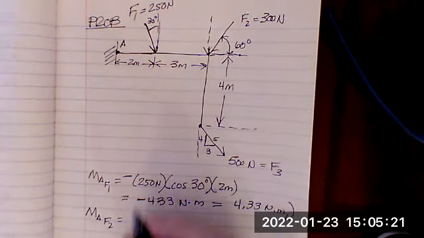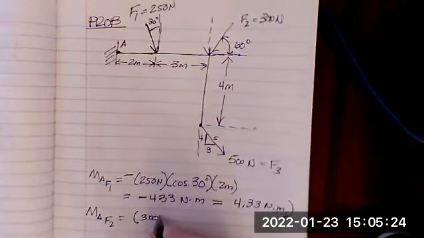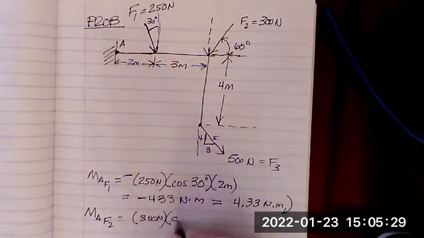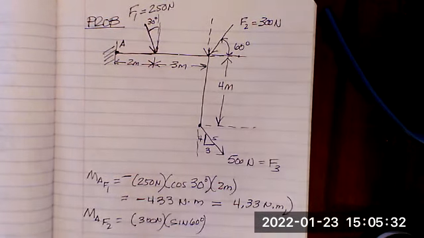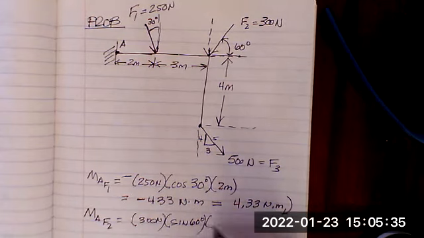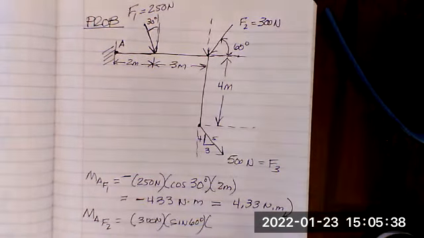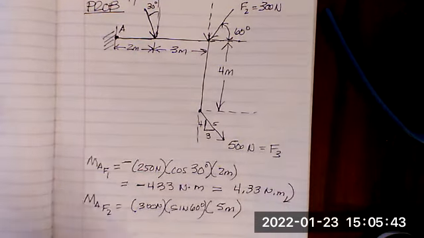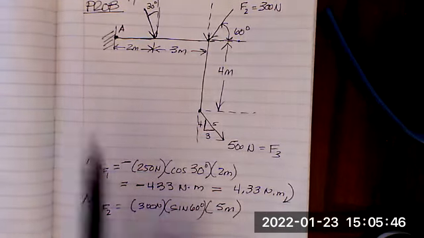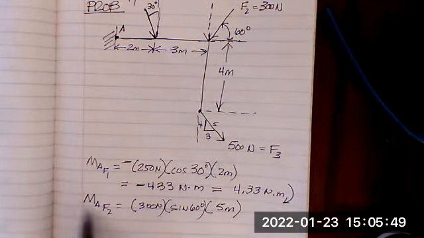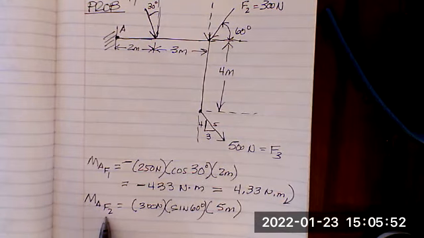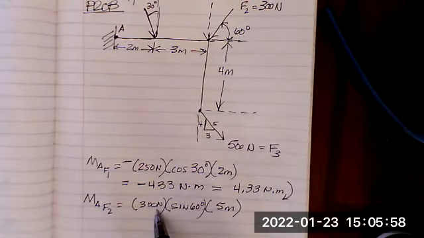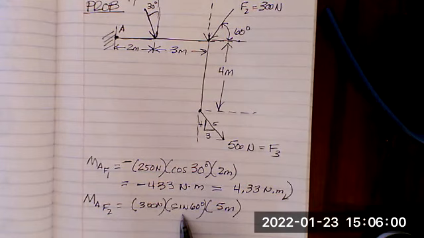It's just simply going to equal 300 newtons times the sine of 60 degrees times this distance here of 5 meters. Okay, I hope you can see that. I'll have to move it up and down now because it's taking up most of the page, but the moment about A with respect to force F2 is the 300 newtons, sine of 60, that gives us the vertical component.